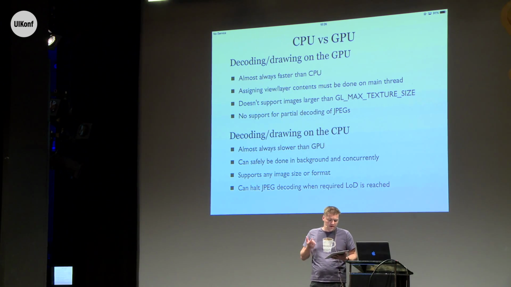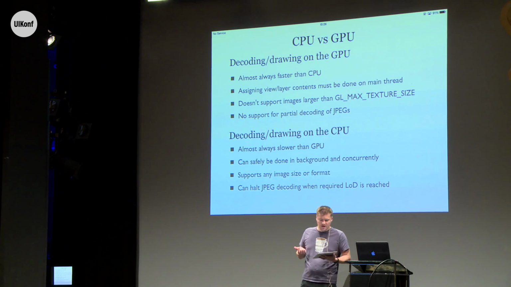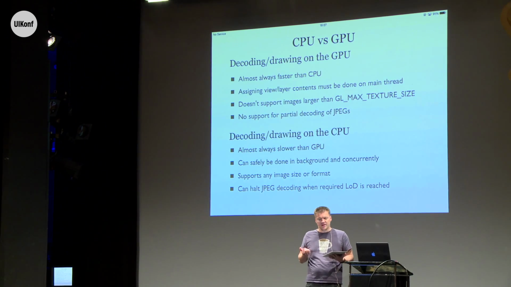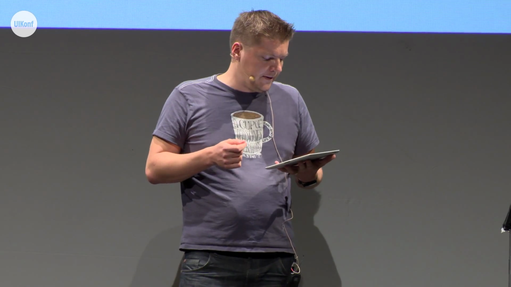I think I've already covered this one. There are some disadvantages to decoding on the GPU. Apart from blocking the main thread, you can't decode images greater than GL max texture size, which varies per device, but is usually either 4096 or 2048 by 2048. It doesn't support that partial JPEG decoding I was talking about before, so it always has to decode the whole image, even if you're only going to draw it at a tiny size. But it's almost always faster than using the CPU in other situations.